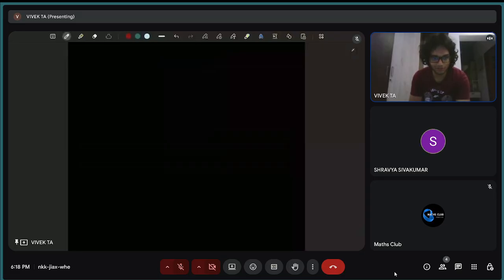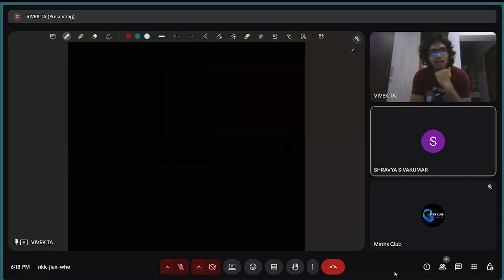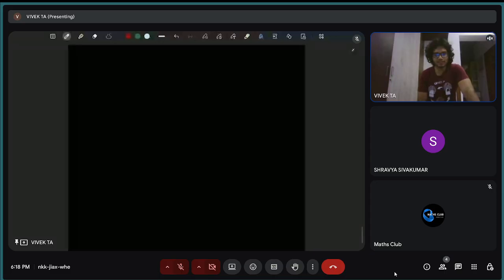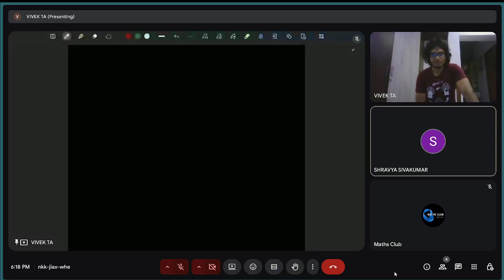Also, are you assuming that all the elements in the orbit should be distinct? So the orbit is defined as the image of all the G on X, right? And it's a set. It's going to give me a set, so it's just going to be distinct elements in the set. But two of the elements can also be equal, right?